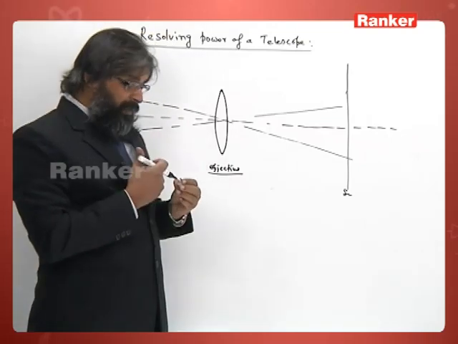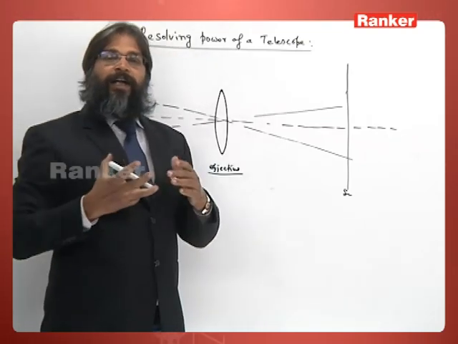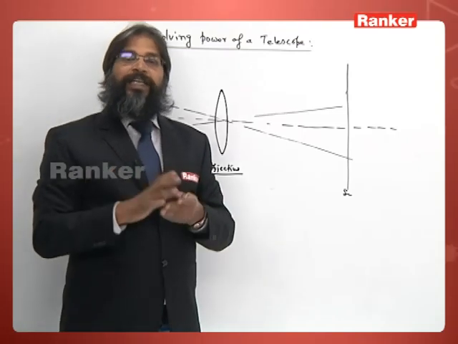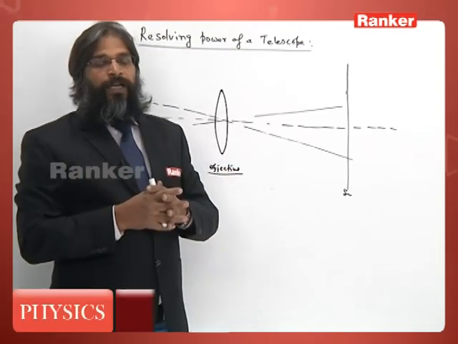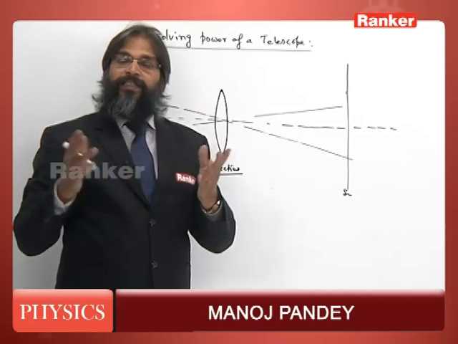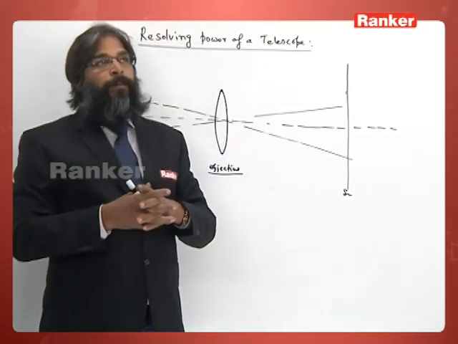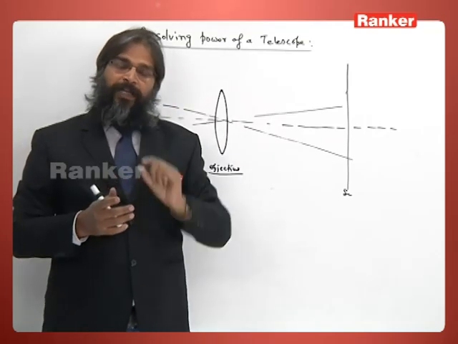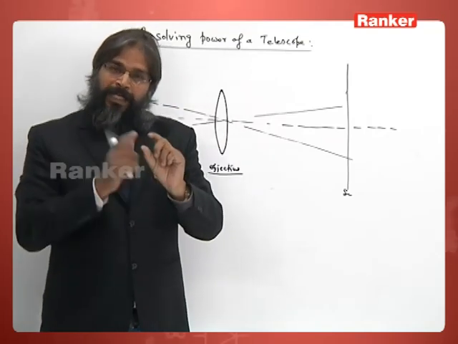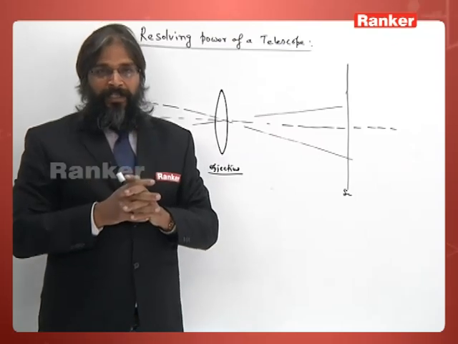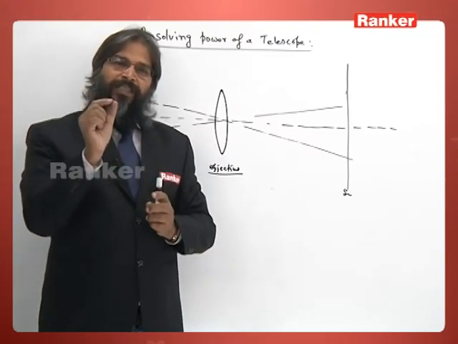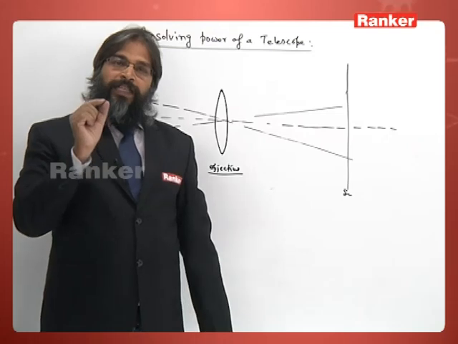So, you see, with our naked eye also we can see stars, but when we see the sky we always find stars, we cannot find galaxies and all those things. But suppose we see a star, and when we see the same star through a telescope, we find that it is not a star, that is not a point source.